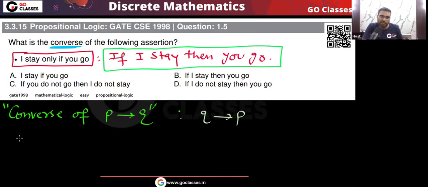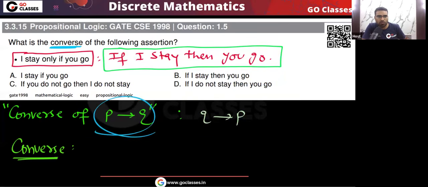So our converse statement will be: if you go then I stay, because the converse of P implies Q is Q implies P, that means if Q then P. So if you go then I stay.